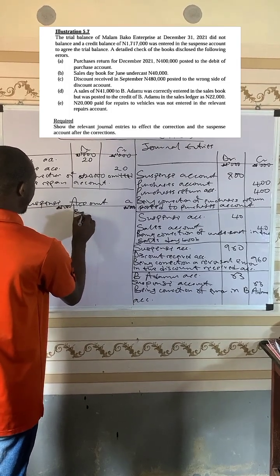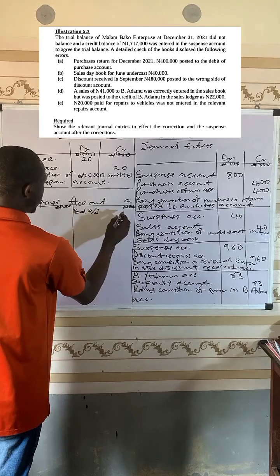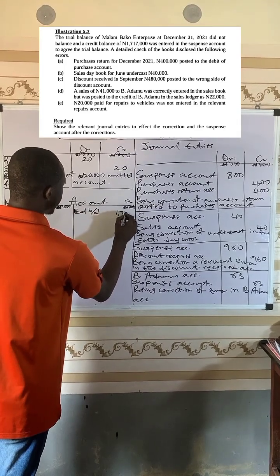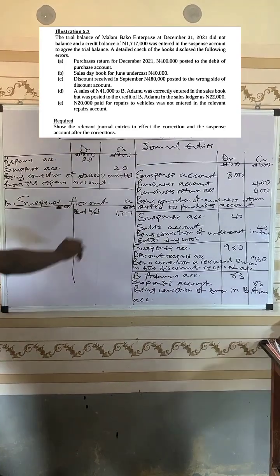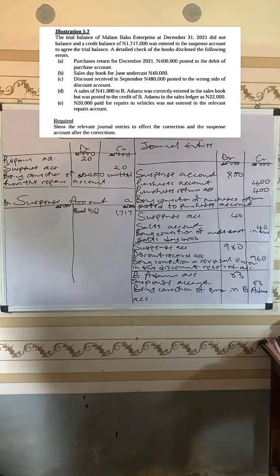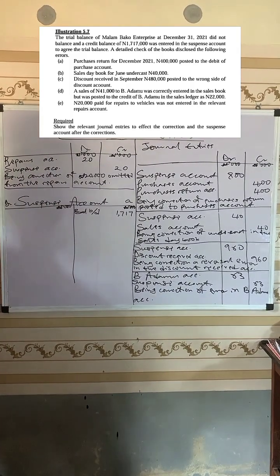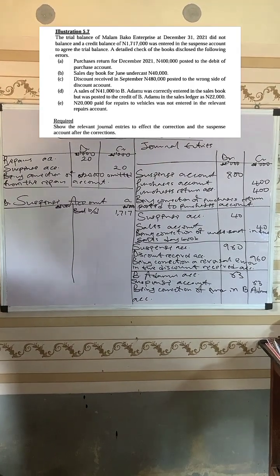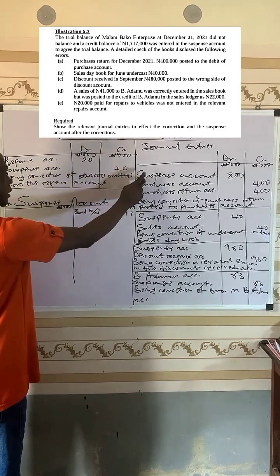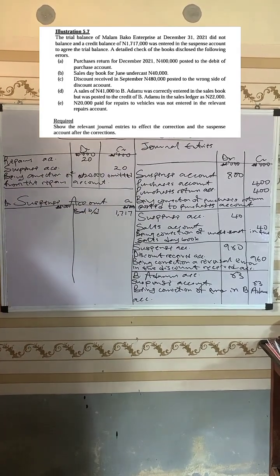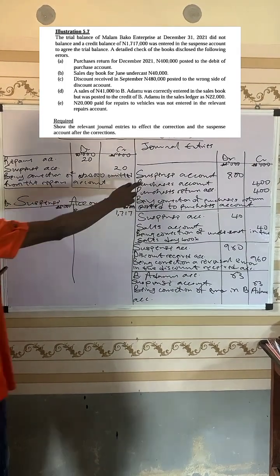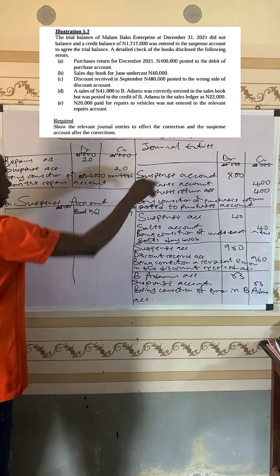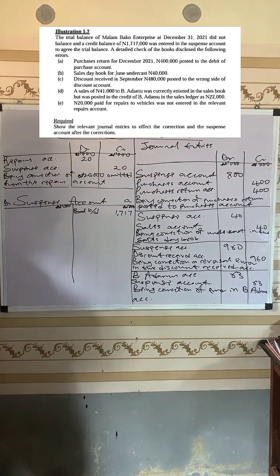So you write balance brought down 1717. We have reduced the value by 1,000. So the next thing is to be inputting all the transactions that relate to suspense account. In this case, we have suspense account debited 800,000.